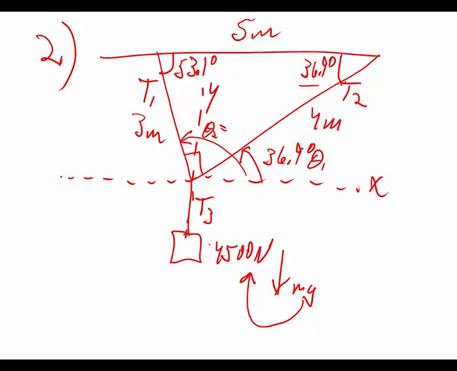If this angle right here is 53.1, then this angle right here is 53.1. But I want to know what it is from the positive x-axis. 180 minus 53.1 is 126.9. So that angle right here is 126.9 degrees.